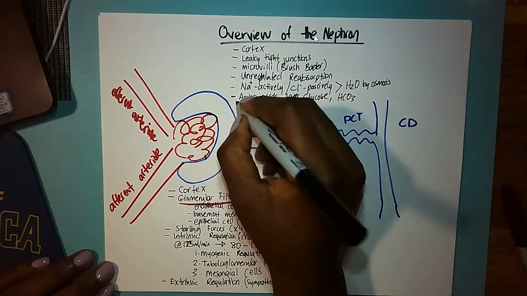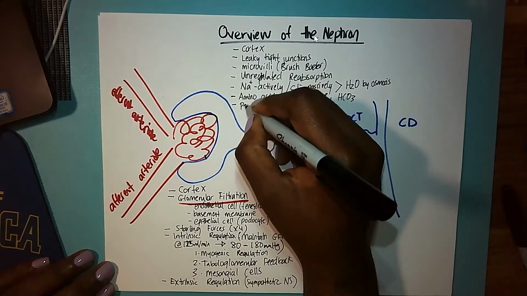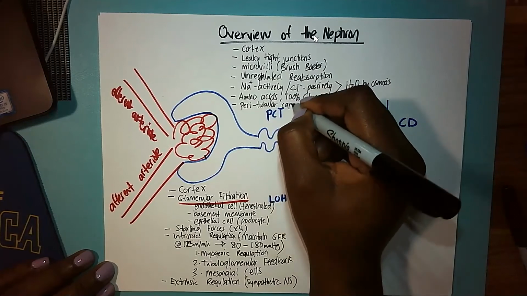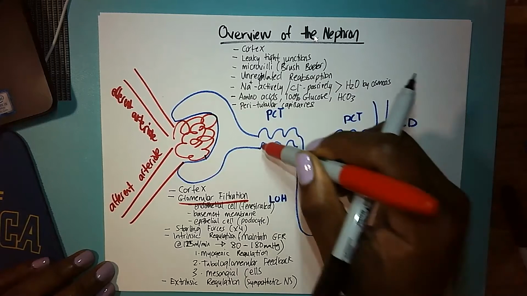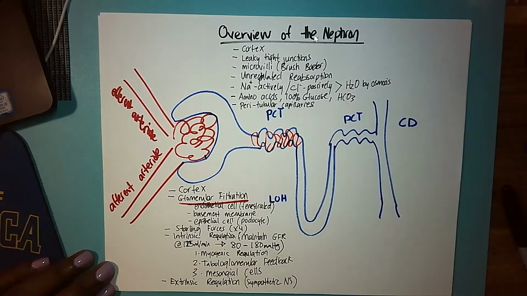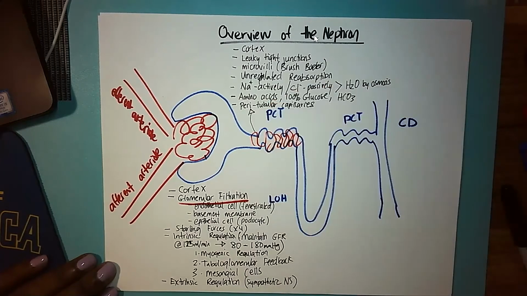And then let's talk about the capillaries that are associated here. We talked about the peritubular capillaries. So these are basically the network of capillaries that are intimately associated with the proximal tubule where that reabsorption is taking place too, okay? All right, so these are your peritubular capillaries. So these are the important takeaway points for the proximal tubule.